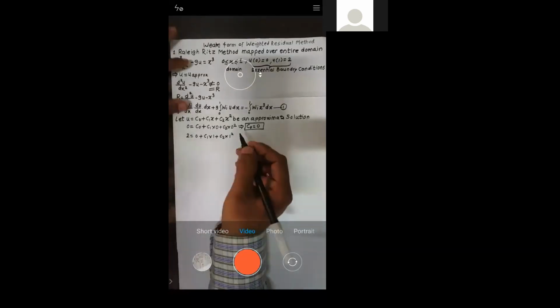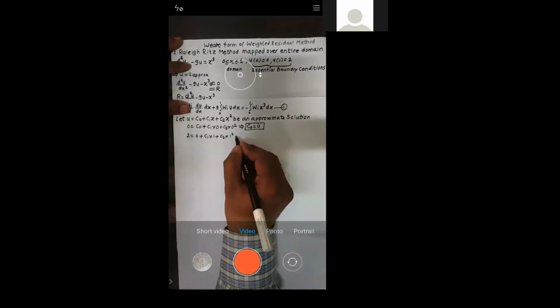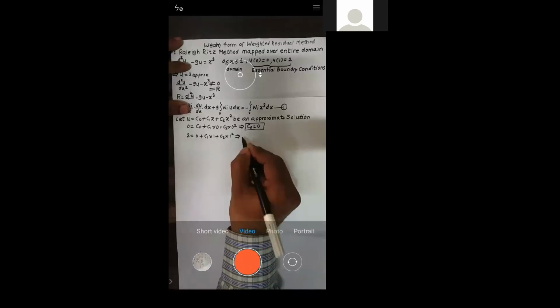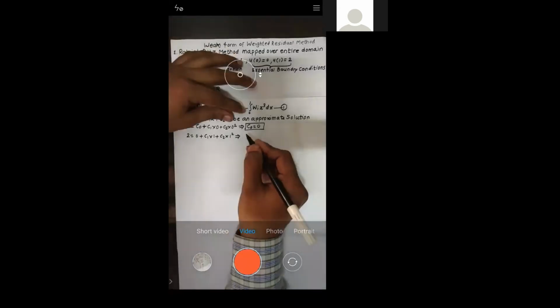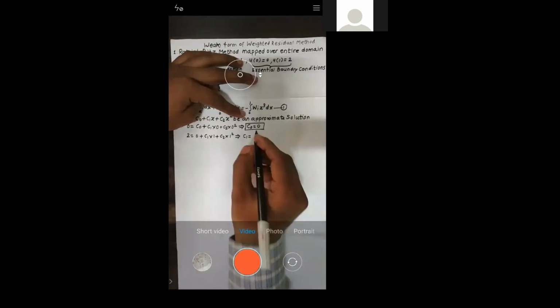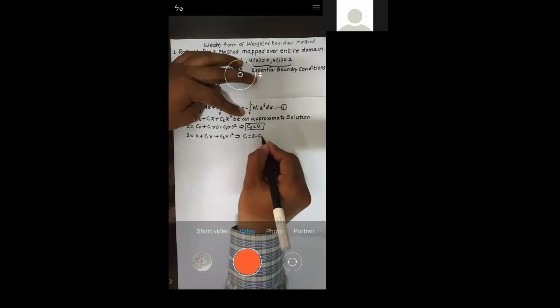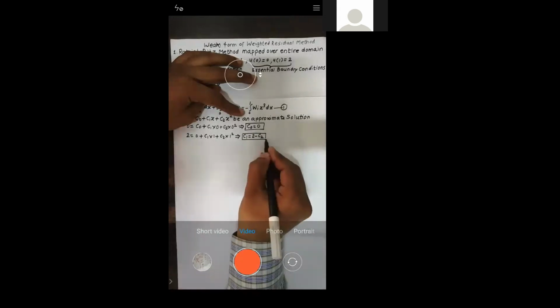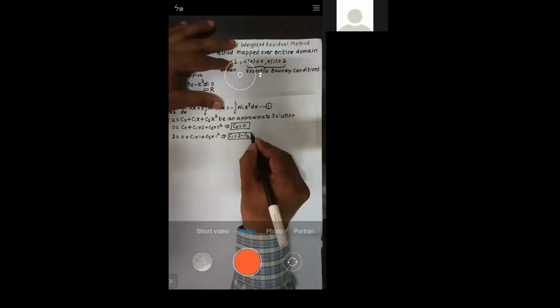From here, what value of c1 are you getting? c1 is equal to 2 minus c2. Is it okay with each of you or not?